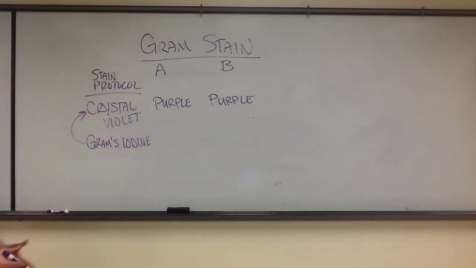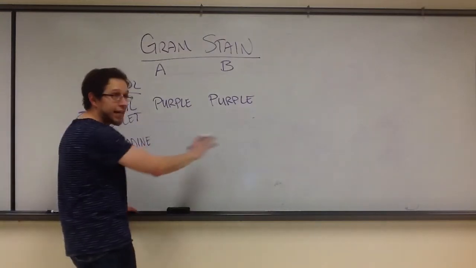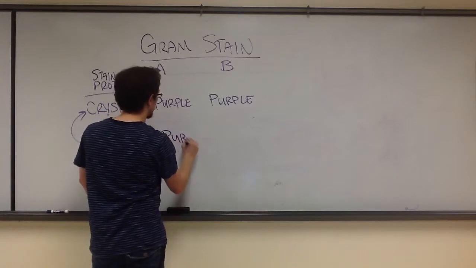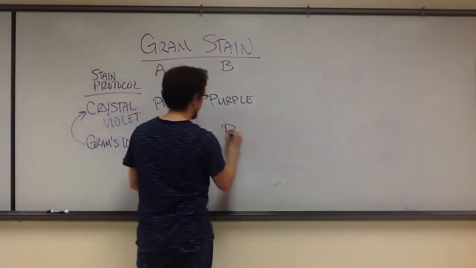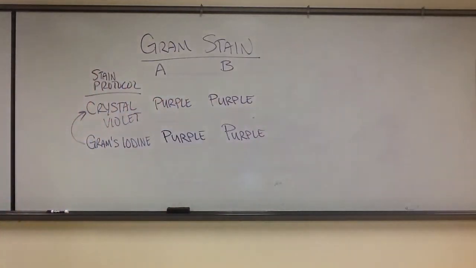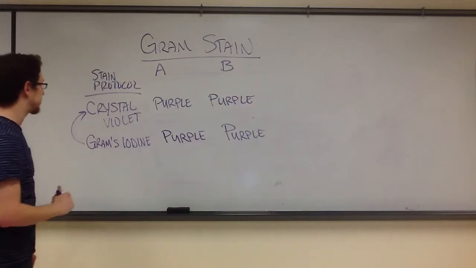So it makes this complex, and this is going to come into play in one of the later steps. So right now it doesn't change any of the coloration of the cells, and both cells remain purple. Okay? So all I've done now is added iodine to make the crystal violet iodine complex.